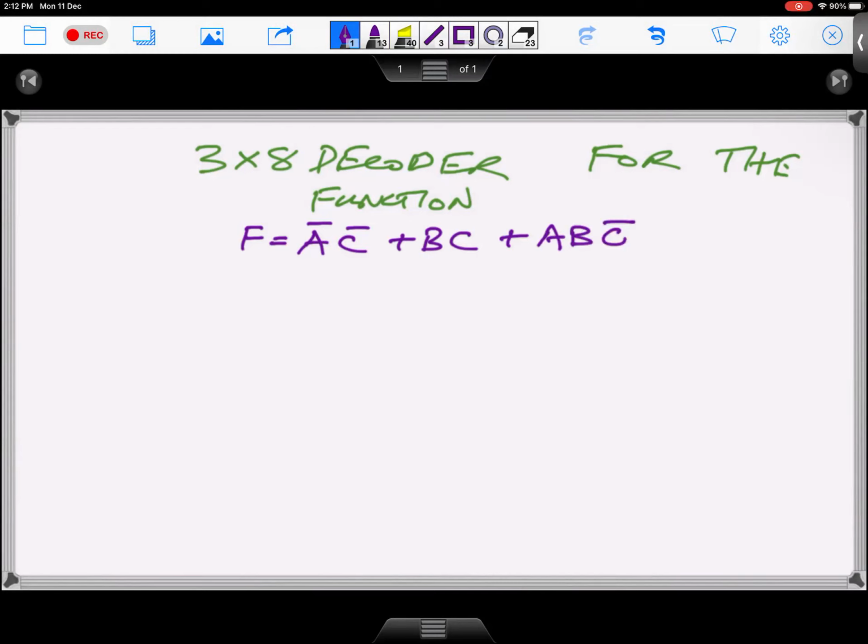How do we do that? Well, the first thing to do is to put that function on a truth table.